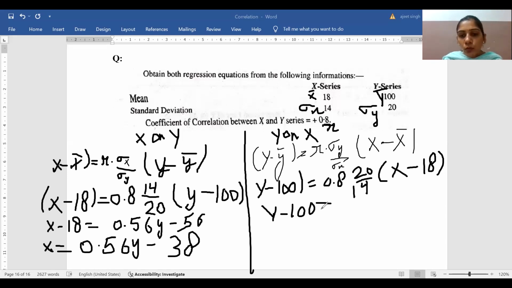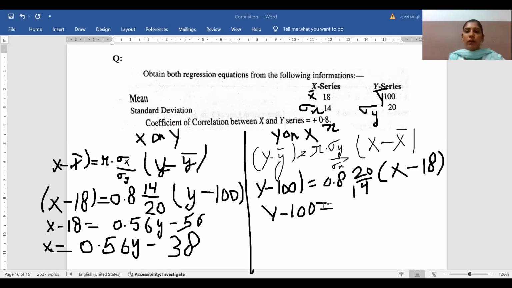Let's calculate this part of the question. First, let's calculate 20 divided by 14, which is equal to 1.42, and when we multiply it by 0.8, it is 1.14.